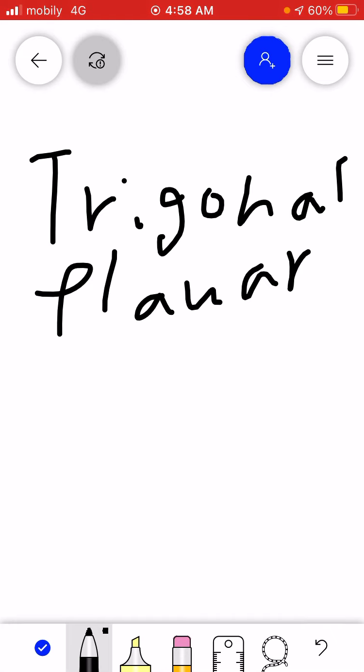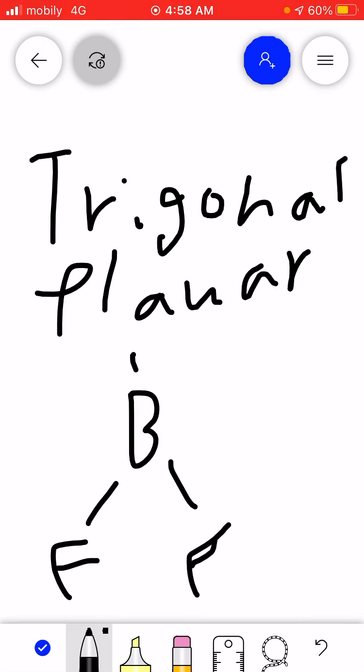If we put a boron right here, and we put a fluorine right here, and a fluorine right here, and a fluorine right here, we can say that boron does not contain any lone pairs. Like carbon dioxide, the carbon in the middle does not contain any lone pair. And that's why we say boron trifluoride.